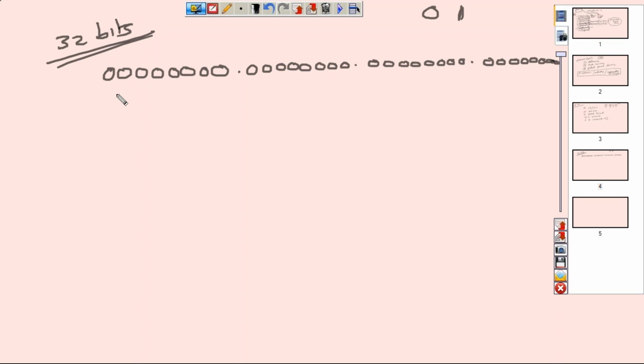And what would this get converted to in decimal? Nobody remembers this binary conversion anymore, huh? See, basically, 0 is 0. So if you have all zeros, that would mean a 0 there. So we have 0.0.0.0.